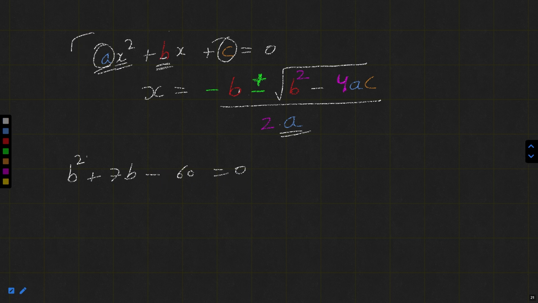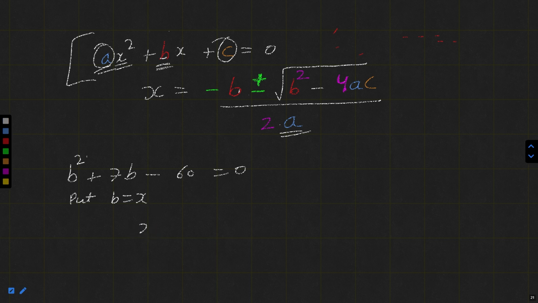If you compare with this, we know a is the coefficient of x square. Here we are not using x, we are using b. So this means a b square plus b b plus c equals 0, which is of this form. So as not to get confused, just put b is equal to x.